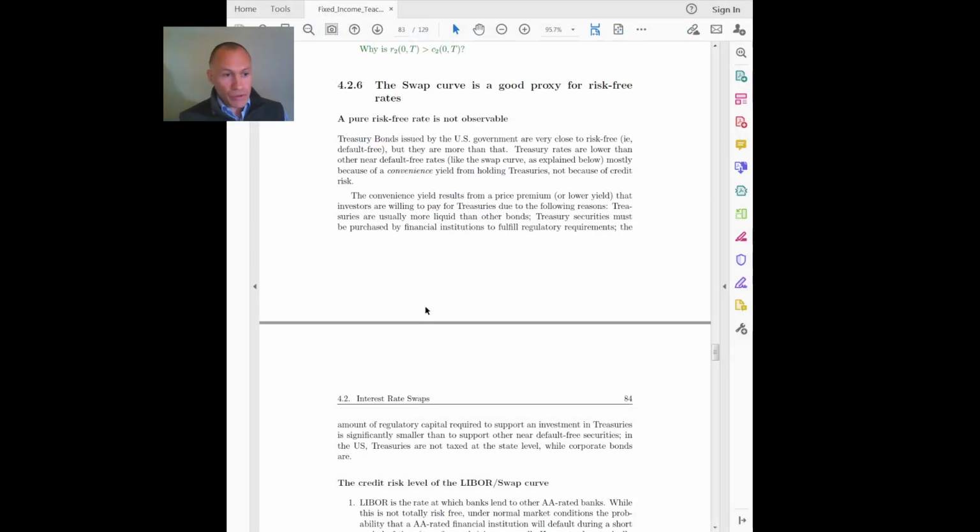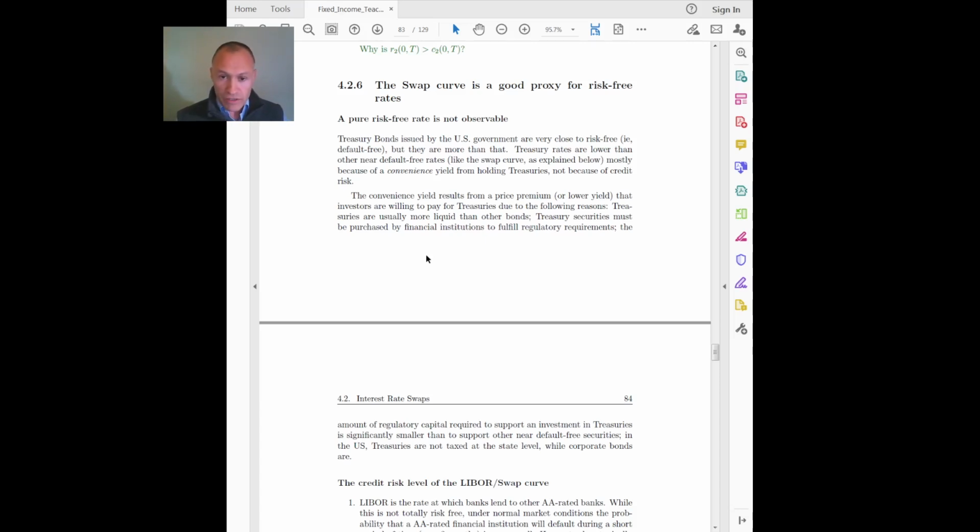All right. So the first comment is the following. A pure risk-free rate is not observable, meaning the following. The US Treasury bonds are indeed the closest thing we have to a risk-free bond, but they are more than that. There are other reasons that drive investors to like that asset.